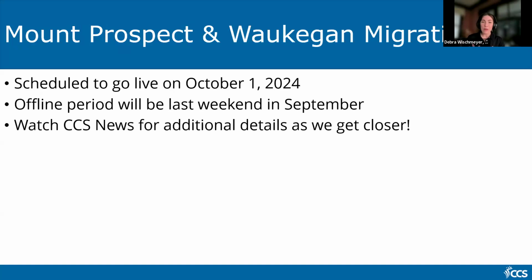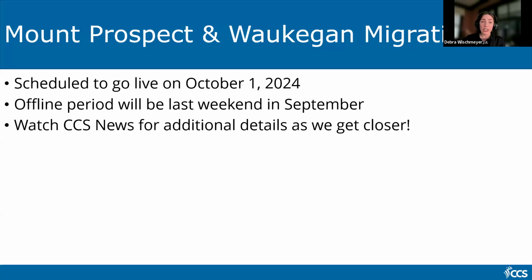Next up, as many of you know, we are adding 2 new libraries this year, Mont Prospect and Waukegan. The CCS team and staff at Mont Prospect and Waukegan are furiously preparing for their go live in the fall.